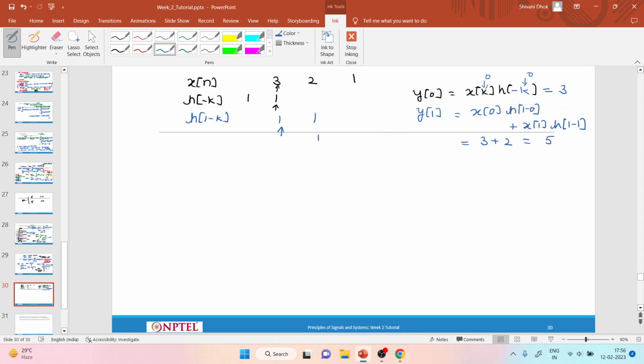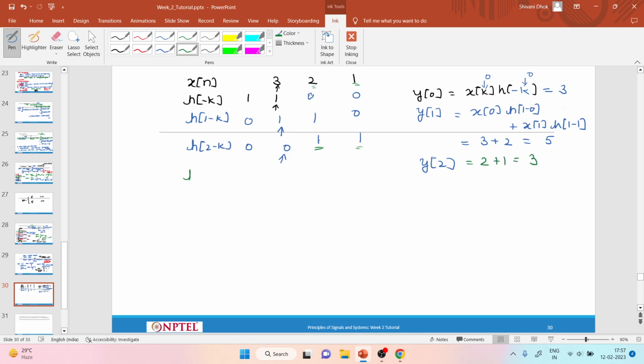Similarly, if I shift it one more time, again I have an overlap of two factors. So this is h of 2 minus k, the rest all are 0. Now I have an overlap of these two numbers, so y of 2 is 2 into 1 plus 1 into 1, that is 2 plus 1, which is equal to 3.